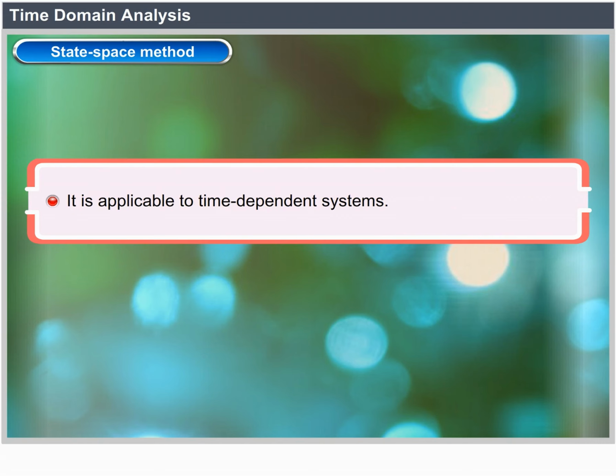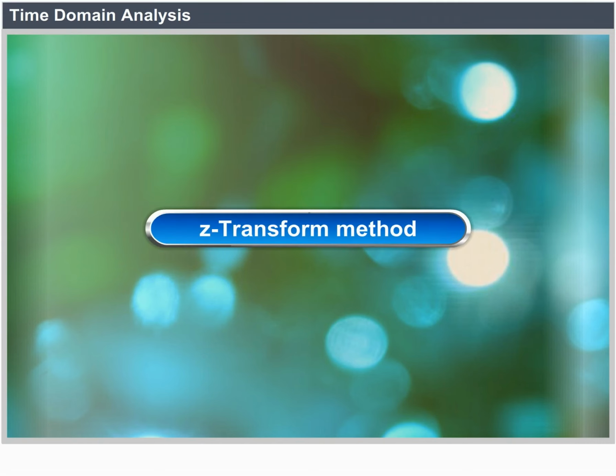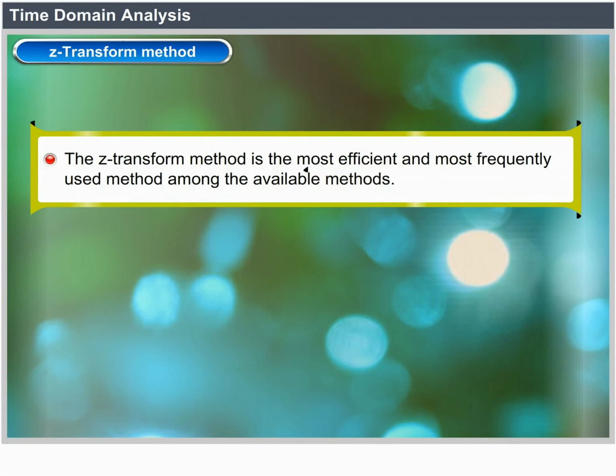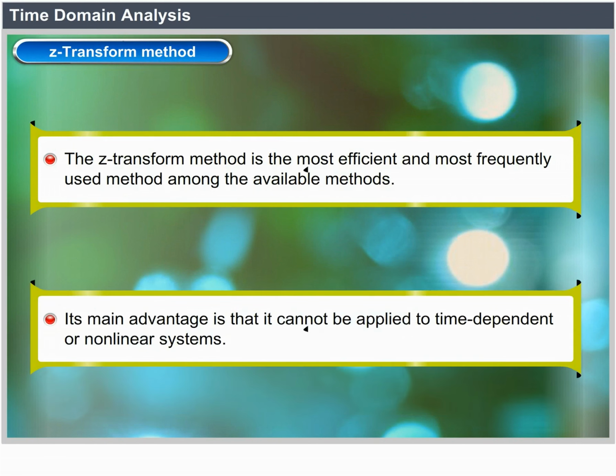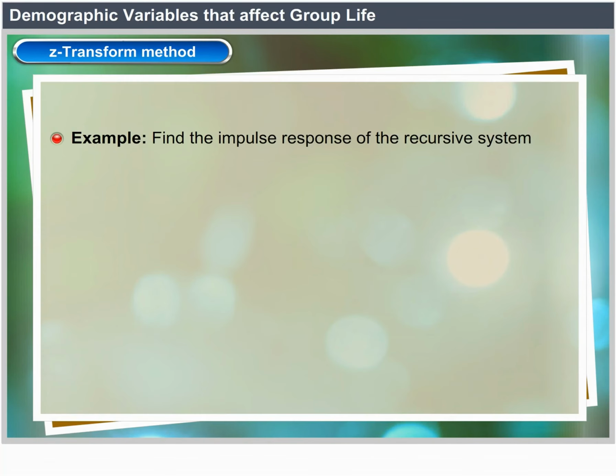Z transform method. The Z transform method is the most efficient and most frequently used method among the available methods. Its main disadvantage is that it cannot be applied to time dependent or non-linear systems. Example: find the impulse response of the recursive system.